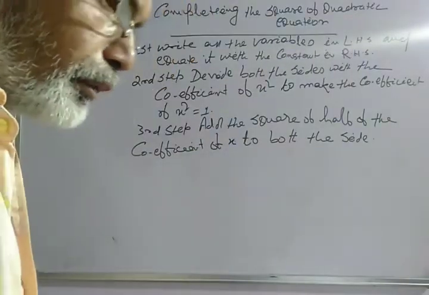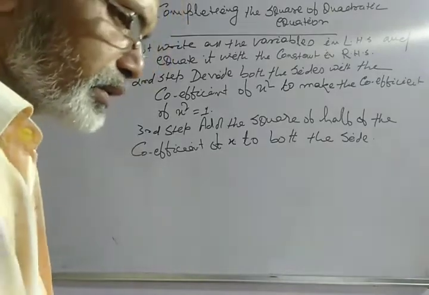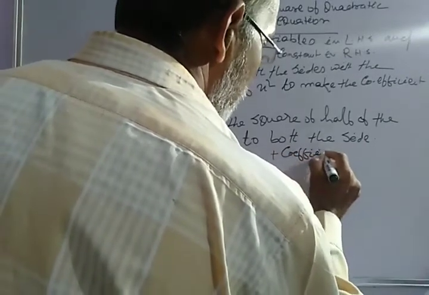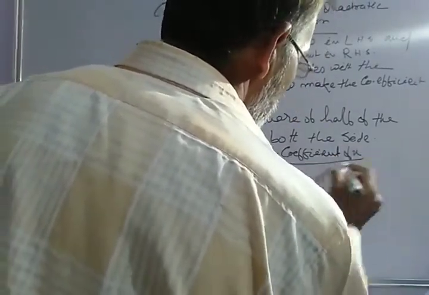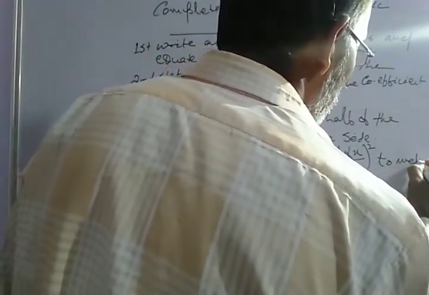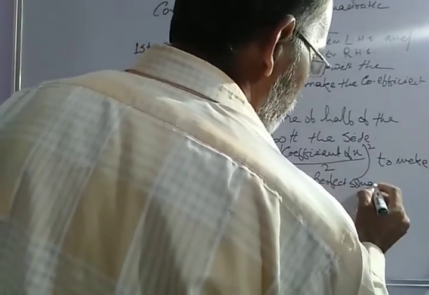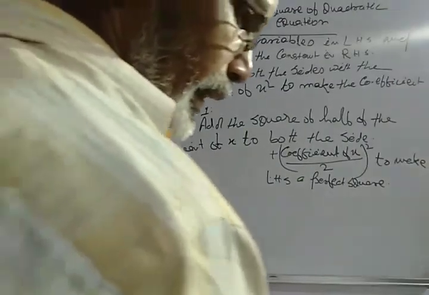That means plus (coefficient of x by 2) whole square, to make the LHS a perfect square.